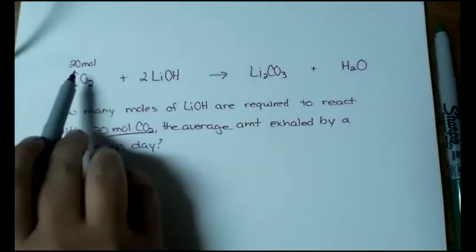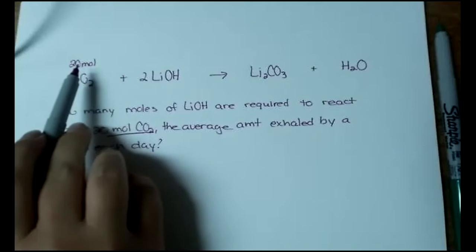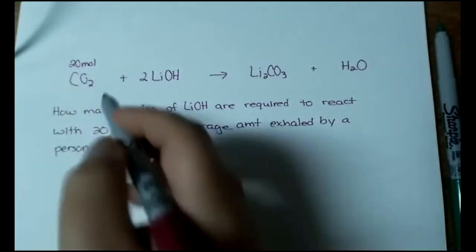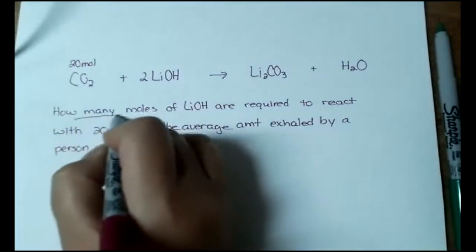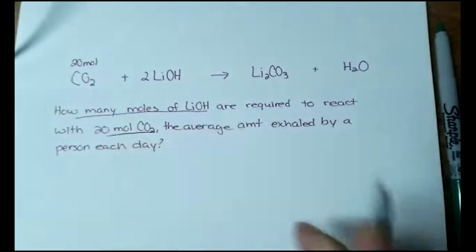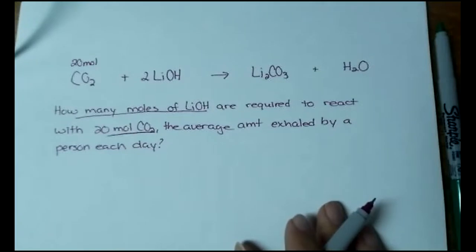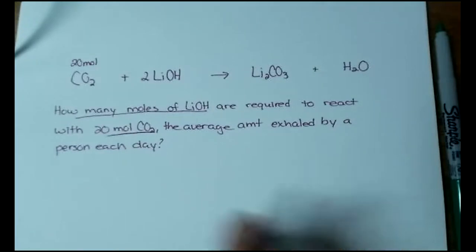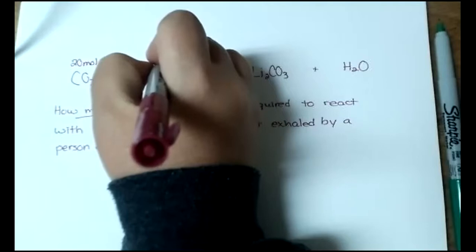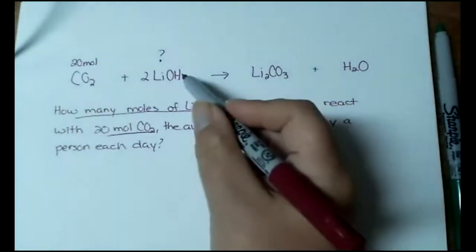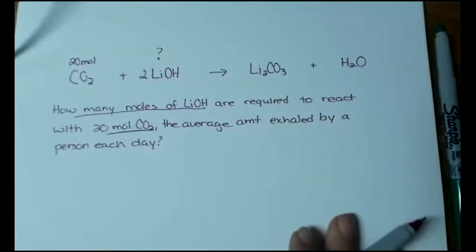This is my given that I'm going to start with. And then they're asking me to find out how many moles of lithium hydroxide are required. So this is going to be my unknown. That's what I'm looking for, that's what I'm aiming for.